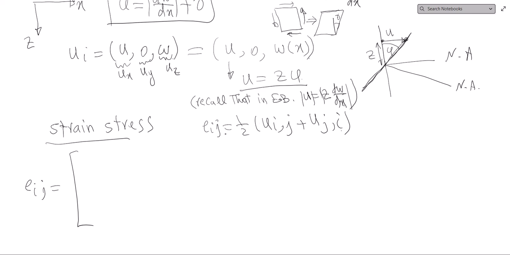So what would be E_11? E_11, maybe I write it here, would be du_1/dx, which is z dphi/dx.